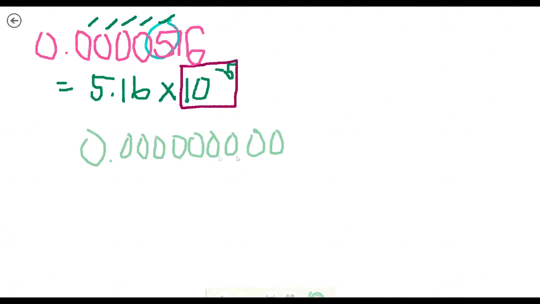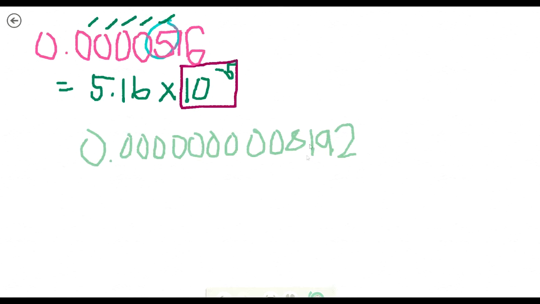0.000000000 8192. That's a lot of zeros. Let's do it in scientific notation. We have to really count it carefully.